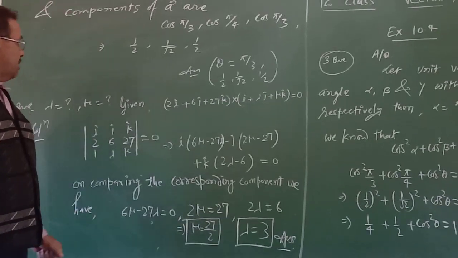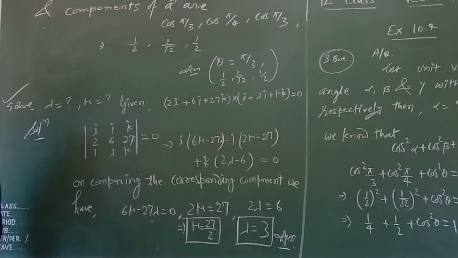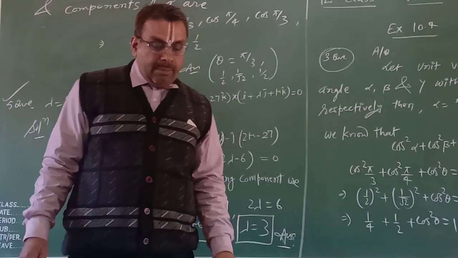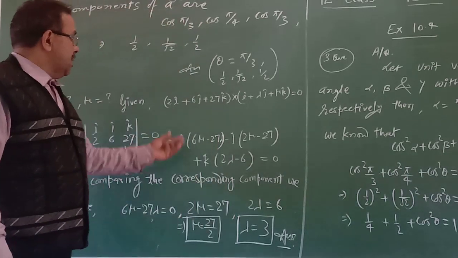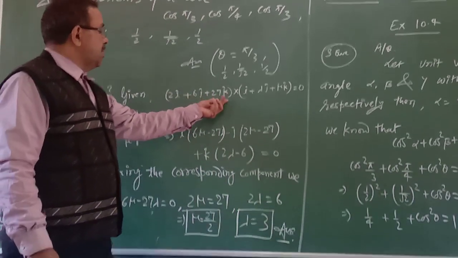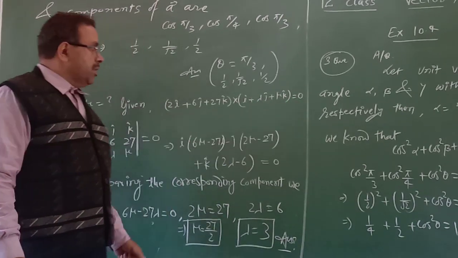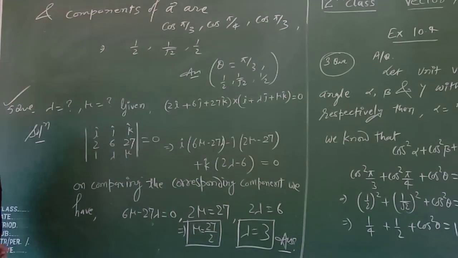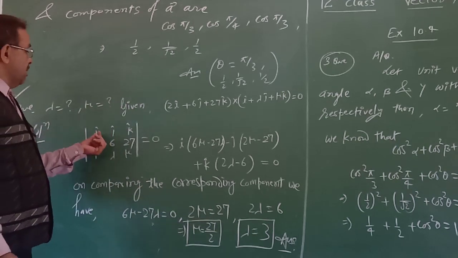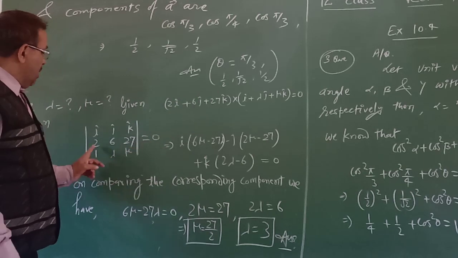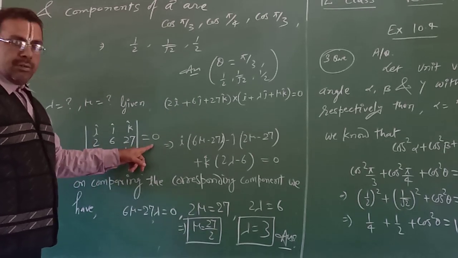Now see the next question, question number 5. Find the value of lambda and mu if we are given (2i plus 6j plus 27k) cross (i plus lambda j plus mu k) is equal to 0. Then with the help of the determinant i, j, k and 2, 6, 27, 1, lambda and mu is equal to 0.